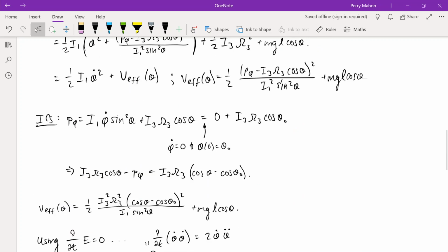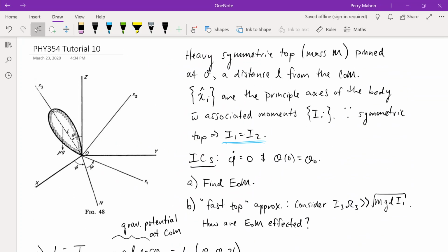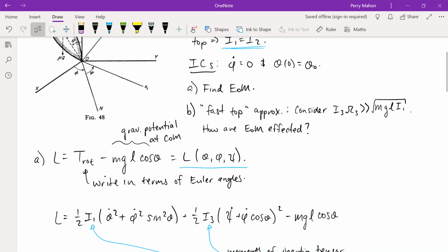But just to recap what we looked at here, we were studying the problem of the heavy symmetric top. Generally, the problem of solving the dynamics of a rigid body is that of 6 degrees of freedom. However, since it's heavy, the consequence is that we actually only really have 3 degrees of freedom, right?